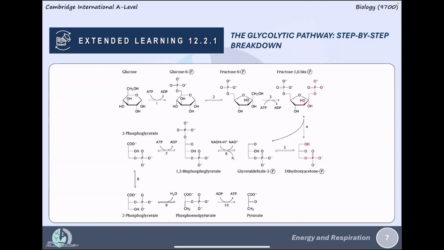With a sufficient energy level, fructose 1,6-bisphosphate splits into 2 molecules of triose phosphate, and triose phosphate undergoes a series of reactions and oxidation to form pyruvate. During the entire process, we spend 2 ATP molecules, and at the end, we gain back 4 ATP molecules. There is a net gain of 2 ATP molecules per glucose molecule. As well as ATP, 2 reduced NAD and pyruvate are produced during glycolysis.